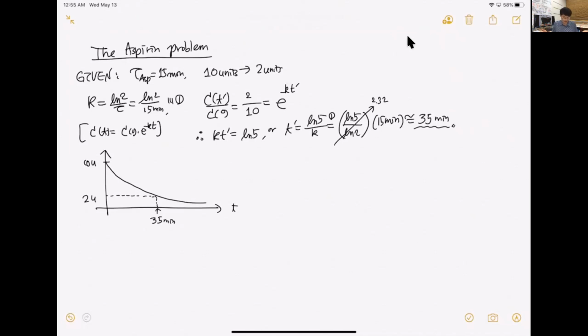The answer is the biological effect will last as long as the concentration is above the therapeutic concentration.